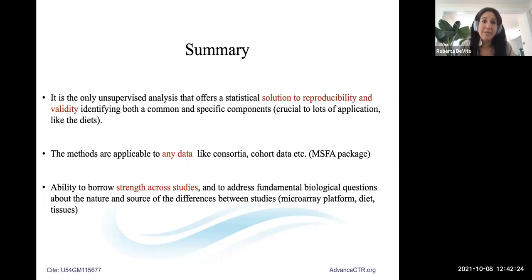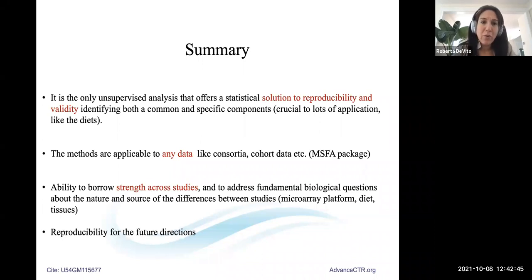And again, the methods that I describe here allow to borrow power, so to borrow strength across different studies. So the reproducibility component can be really important in this occasion.